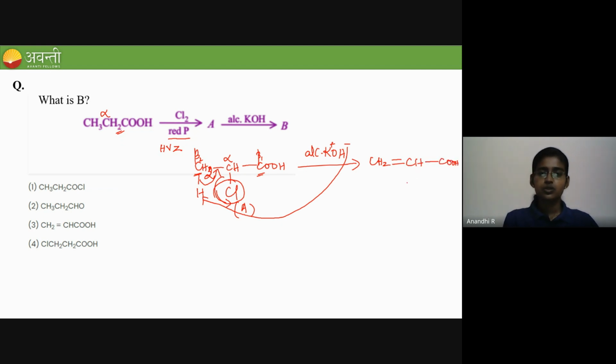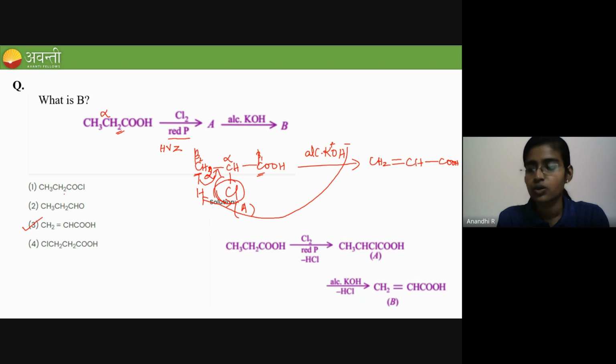So here option 3 is the answer. Option 3 is compound B. I hope the question is clear to you all. I'll move on to the next slide. So here is the solution.